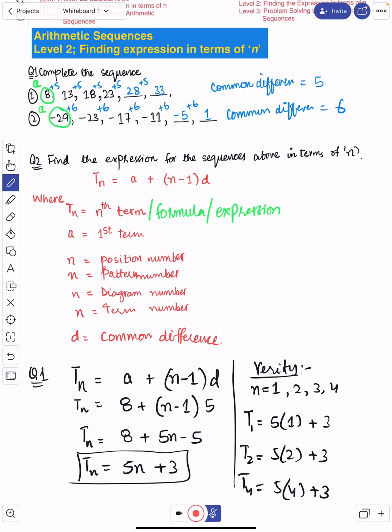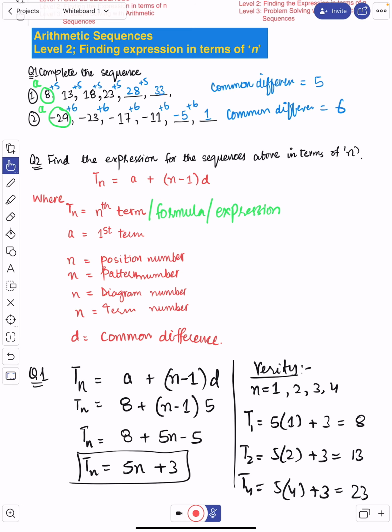It means that you are going to input these different n's in your expression. Let's see what the answers are giving us. They are 8, 13 and 23. So match them: 8, 13 and 23 is the fourth term. It means that they are making your sequence for you. It means this is verified.